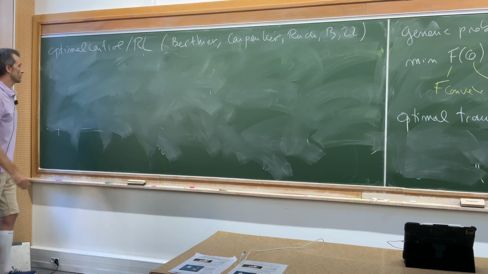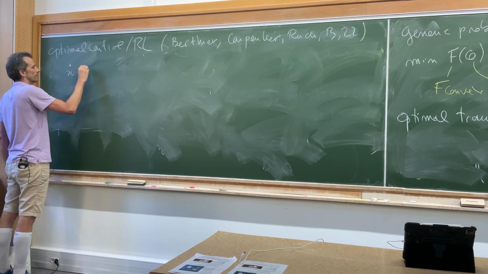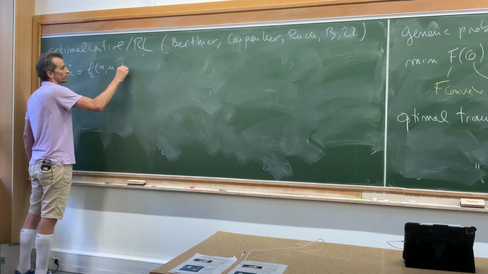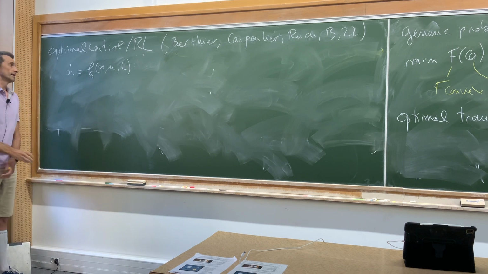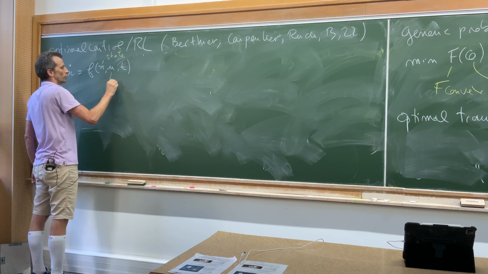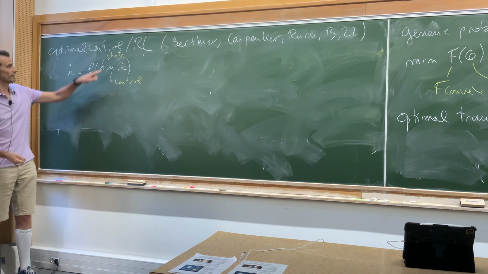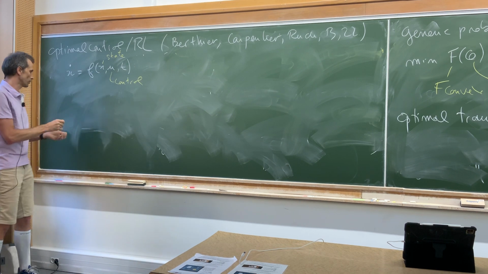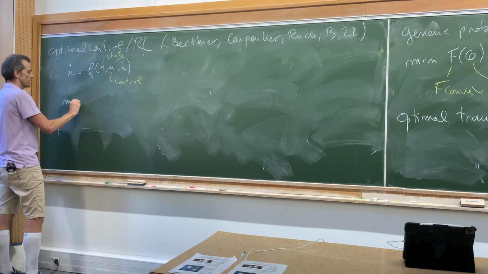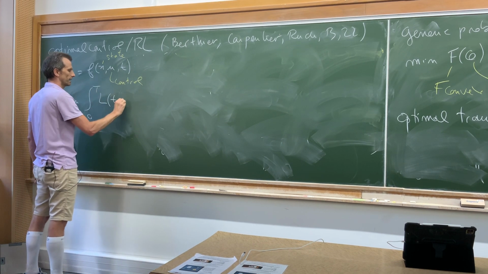And so what is optimal control? The idea is that you have some dynamical system, x dot is f of x and u at time t. So this is your state, this is your control. If you prefer RL, this is S, this is A. And the goal is to minimize the integral from 0 to T of some loss L of x, u.